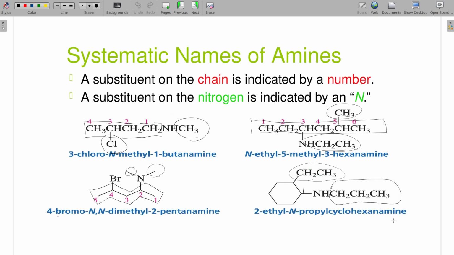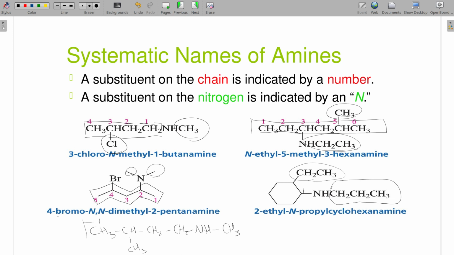Oh wait, got one more thing I wanted to have on here. I'm going to take this slightly more simple molecule, CH3, CH, CH2, CH2, and then NH, CH3, and a CH3 down here instead.